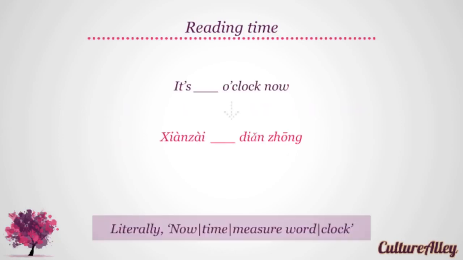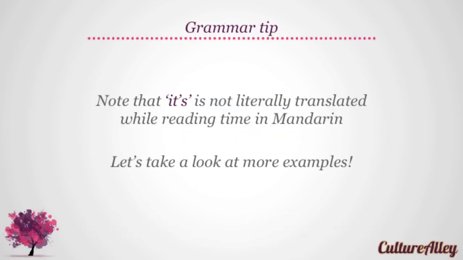Thus, it's o'clock now will become 现在 blank 点钟. Literally meaning now time measure word clock. Note that it's is not actually translated while reading time in Mandarin, as the word now takes its place.